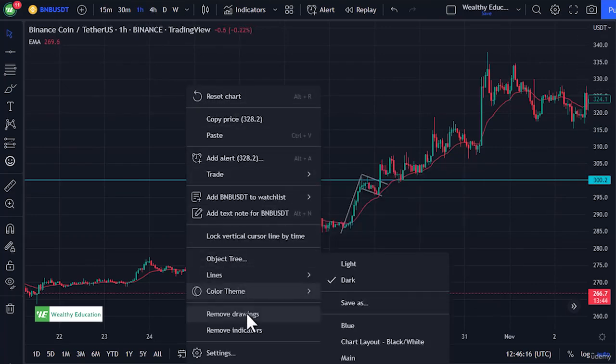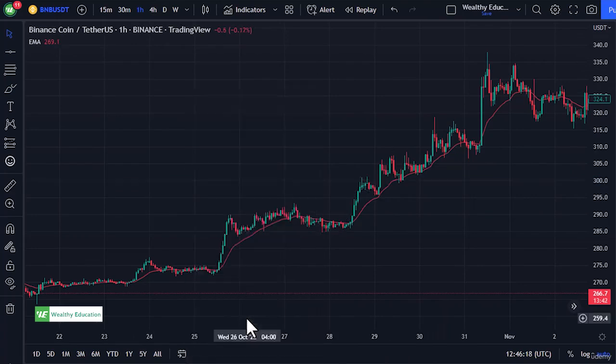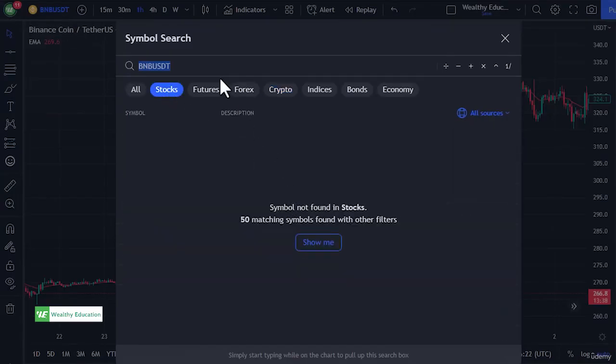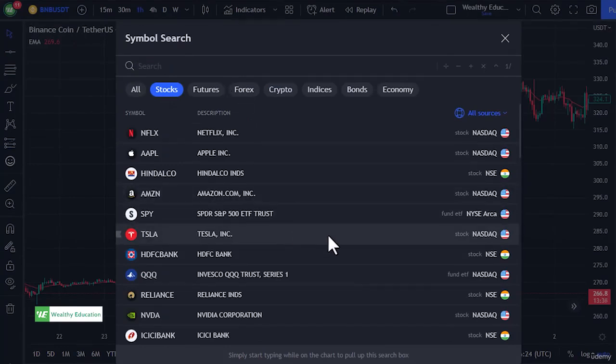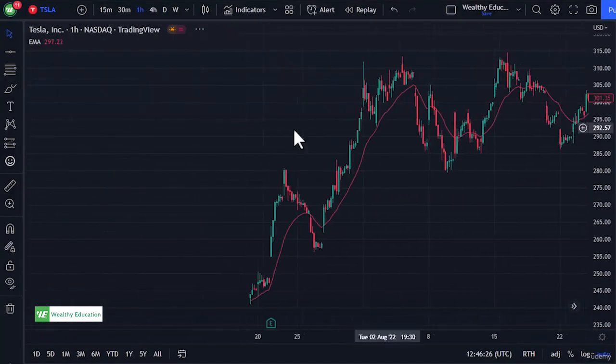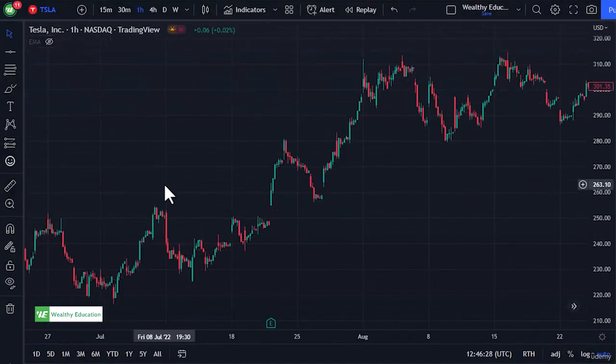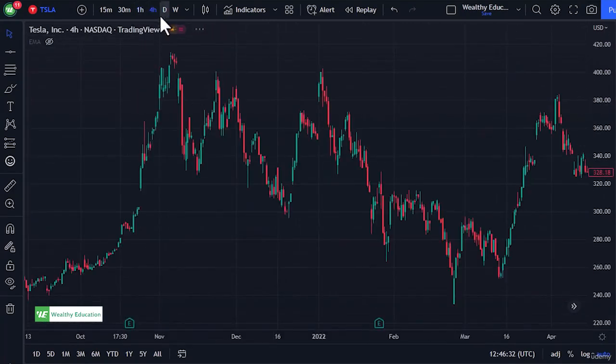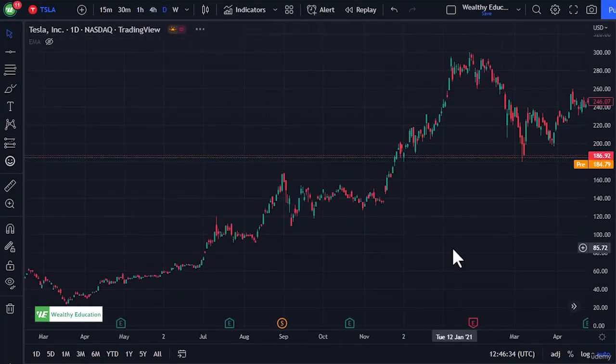With that being said, let's go ahead and take a look at a stock, and we'll do Tesla at this point. Go ahead and hide the moving average for the moment.